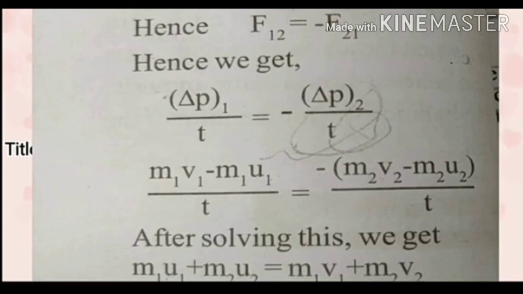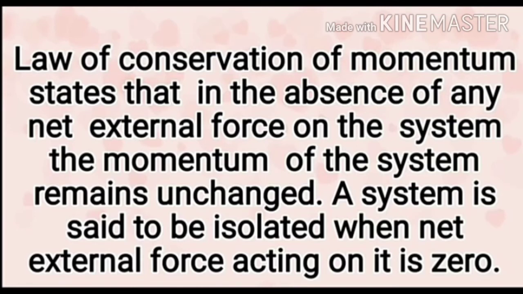From this we define the law of conservation of momentum: in the absence of any net external force on the system, the momentum of the system remains unchanged. A system is said to be isolated when the net external force acting on it is 0.